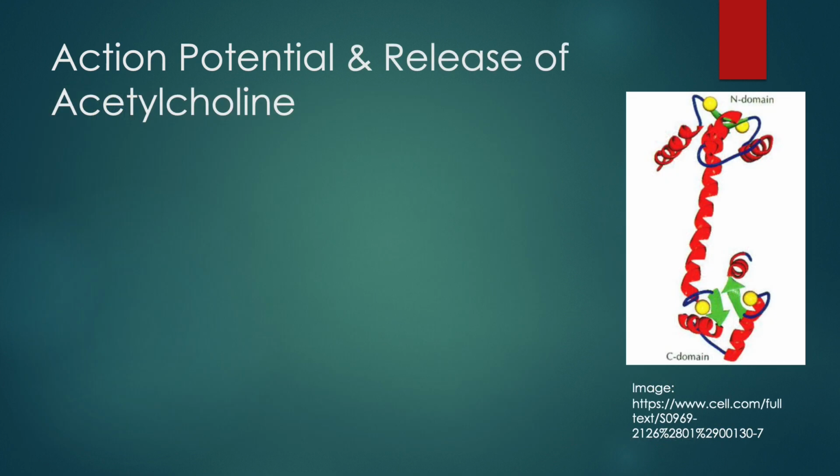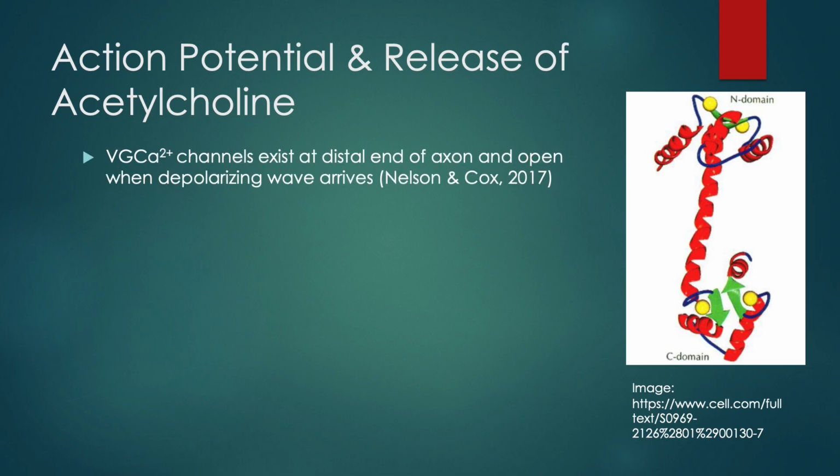So how does the action potential cause the release of neurotransmitters such as acetylcholine? Well, the voltage-gated calcium ion channels exist at the distal end of an axon and open when the depolarizing wave arrives.